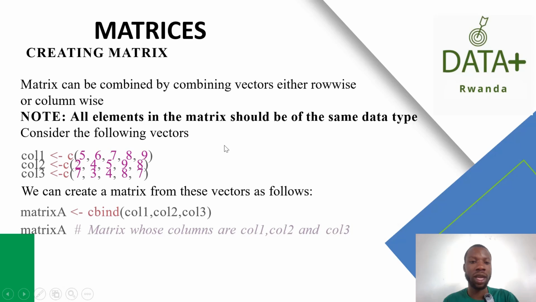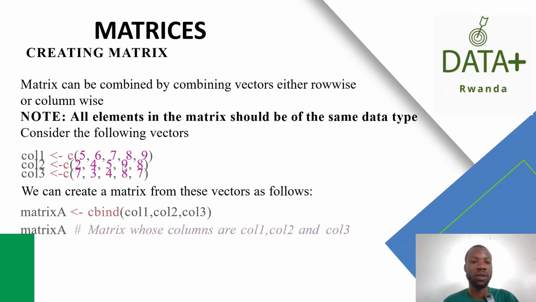And you can create the matrix either row-wise or column-wise. So we have column number one, where we are generating the vector. Interestingly, it means that when we are creating matrices, we are normally based on vectors, where we are going to combine vectors that have the same data type and also the same length.